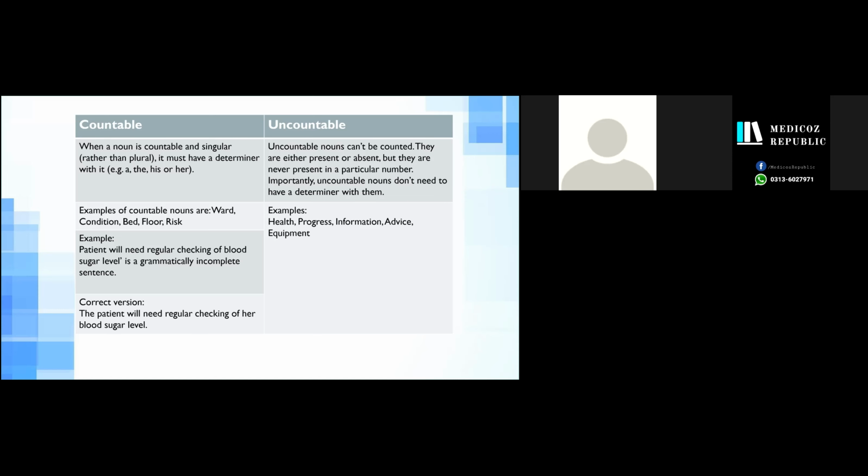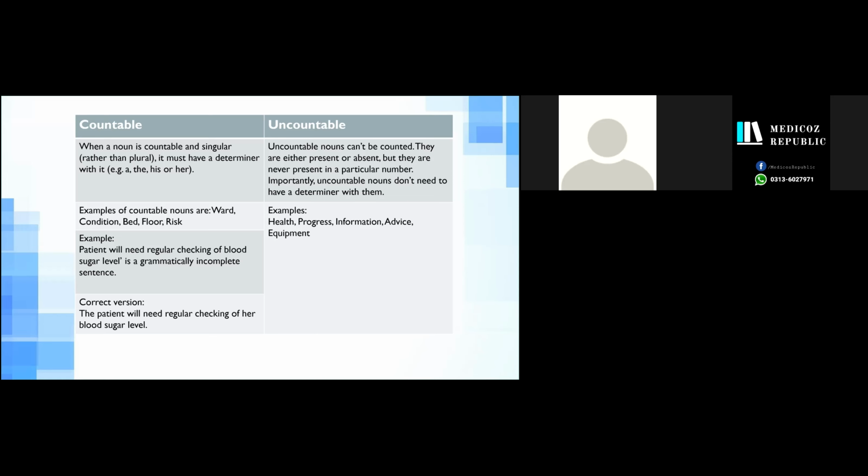You can have two to three pieces of information, but you cannot have two to three information. So just ask yourself, can I have two to three of these? That should answer your question of whether the noun you are using is countable or uncountable, and whether you should use a determiner with it or not.